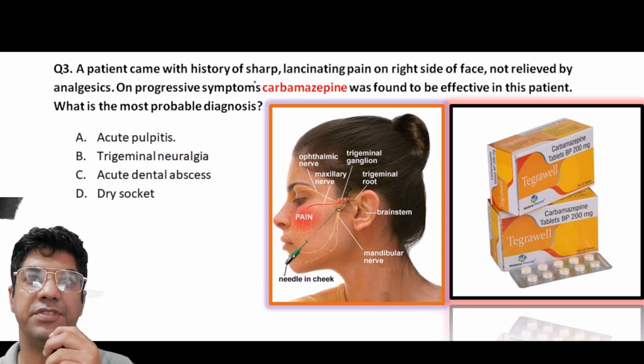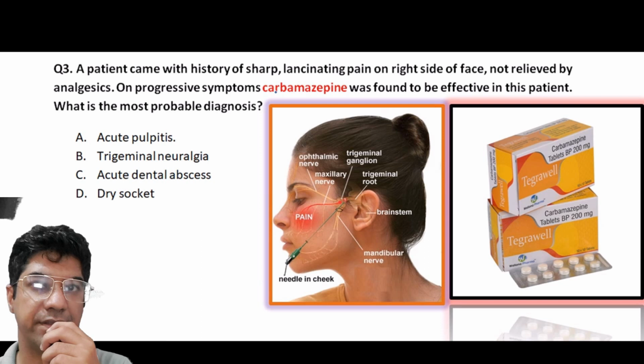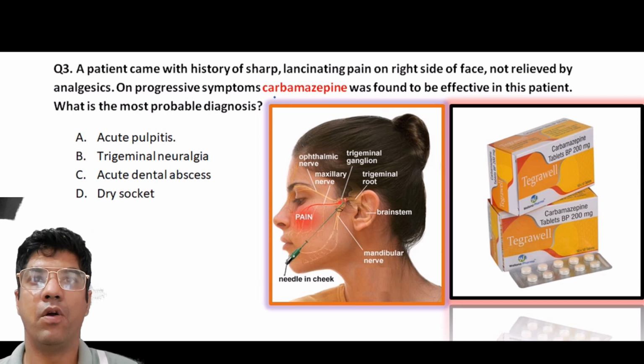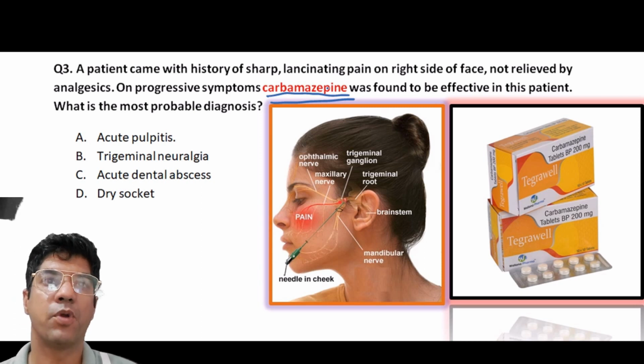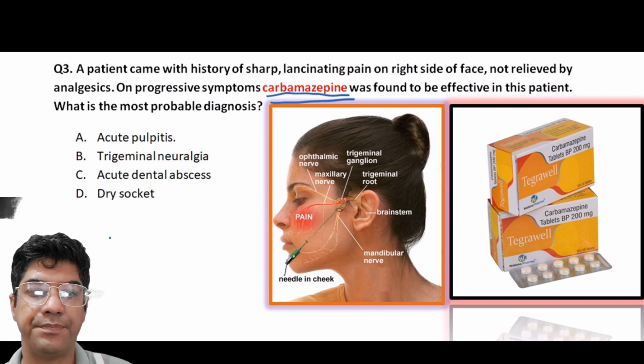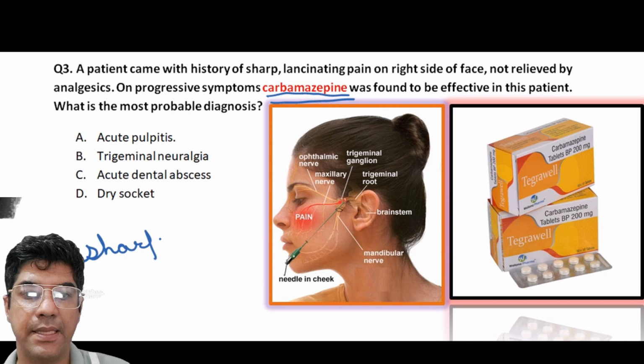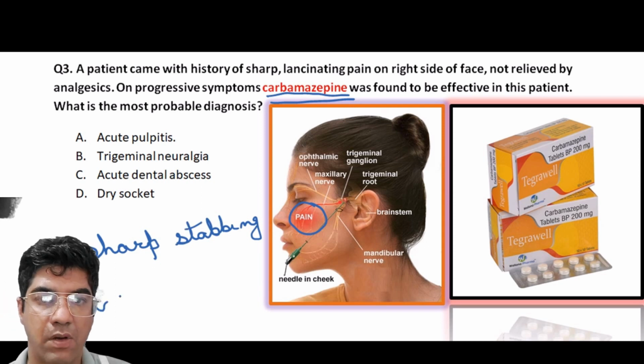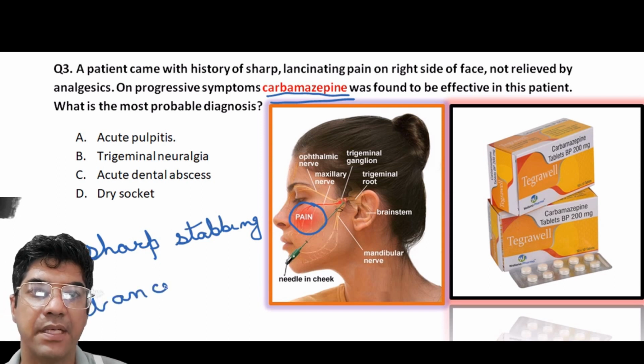Moving to the next question. A patient came with a history of sharp lancinating pain on the right side of the face that is not relieved by analgesics. On progressive symptoms, carbamazepine was found effective in this patient. What is the most probable diagnosis? In trigeminal neuralgia, you will see sharp, stabbing or lancinating pain.